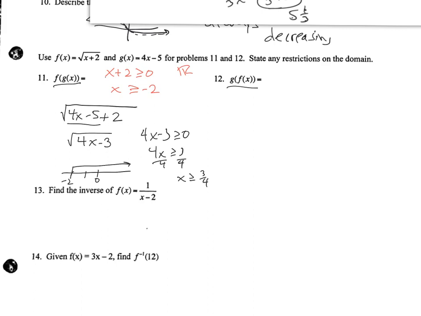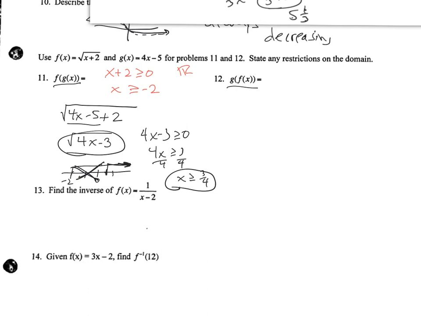That's a lot of numbers. If you think about where 3/4 is, it's up here on the positive side. So 3/4 actually cuts off some more numbers. It restricts it even further. So we want the most restrictive. We want to give the one that has the least amount of answers. So that's going to be this one. And so we have this answer with that domain restriction.